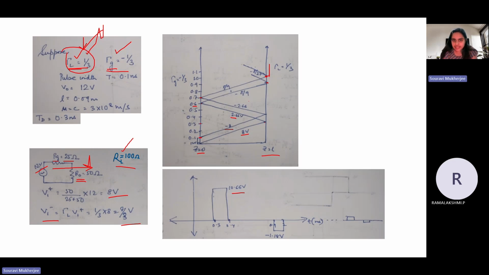Now it has another multiple reflection, and again between 0.9 and 1 second, you would have another signal coming in. And how much will that be? So you have minus 8 by 9, and then you will have minus 8 by 9 into 1 by 3 because of the reflection, right? So when you add them, you get a minus 1.18 volt, right?